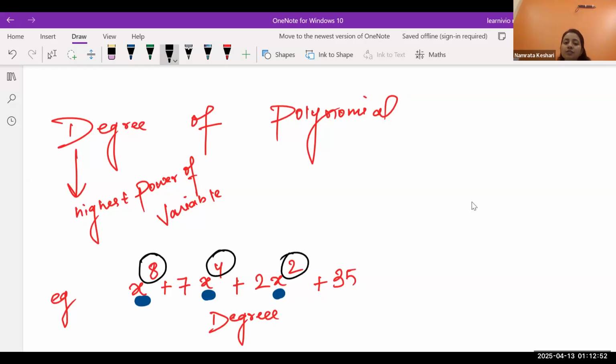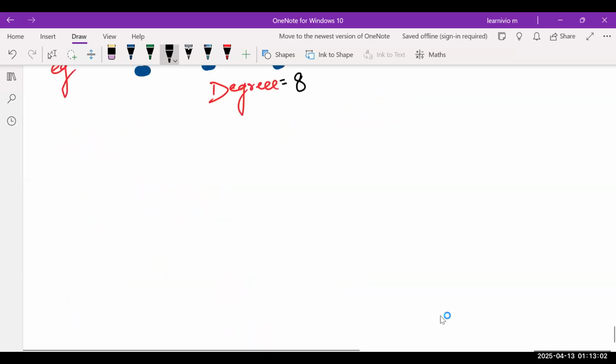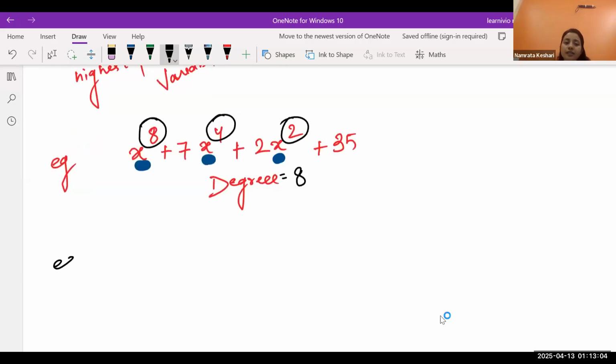Among these numbers 8, 4 and 2, the maximum, the largest number is 8. So the degree will be 8. Is it making sense? Yes. Okay. So this is how we will always tell the degree. You should just make a note that coefficient means multiplier and degree means the highest power of the variable.